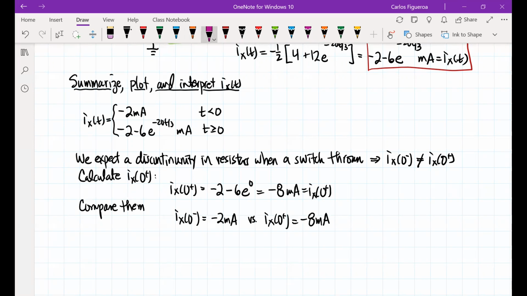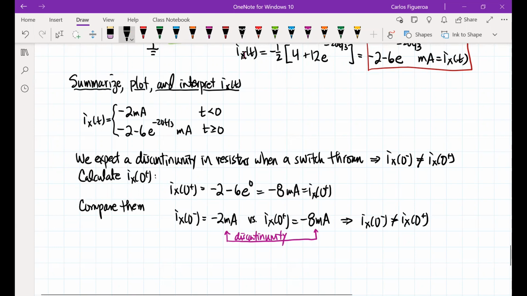You could see right here that these guys are absolutely different. So in other words, we have a discontinuity right there. So that clearly shows that Ix of 0 minus is not the same as Ix of 0 plus. Okay, that's the first thing.